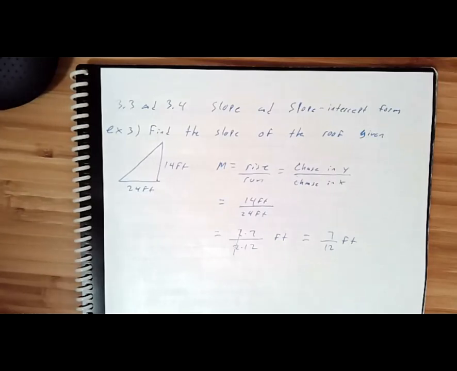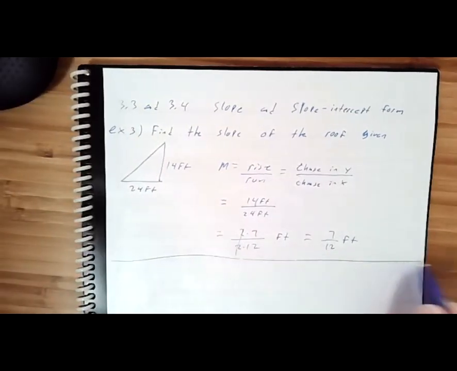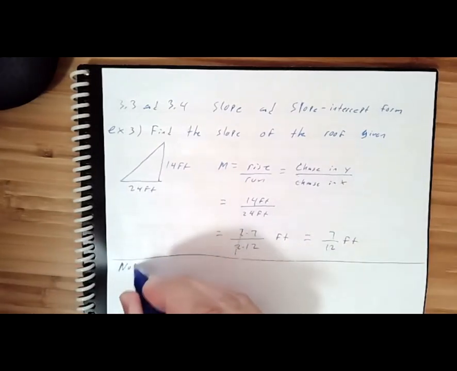So a lot of the questions in this homework are going to be about finding the line passing through certain points. So I'm going to give you a note here.